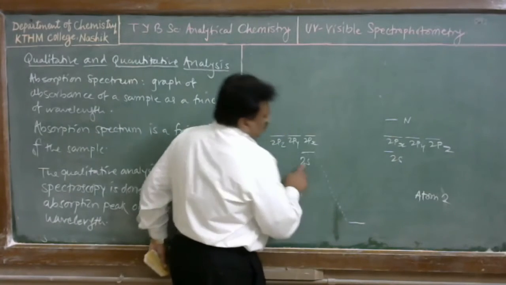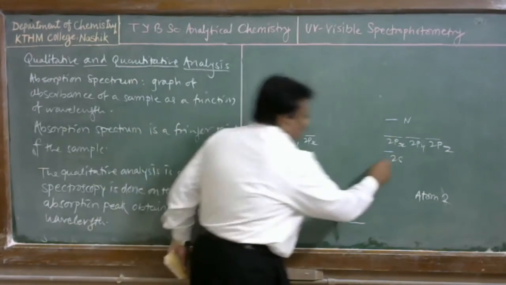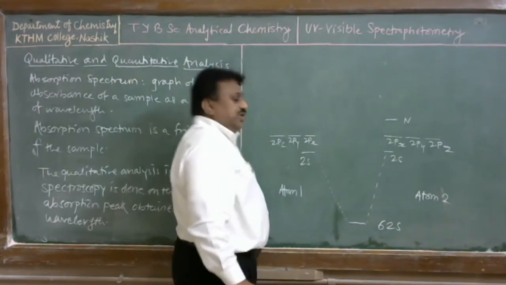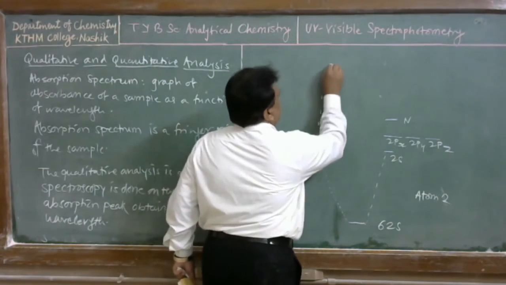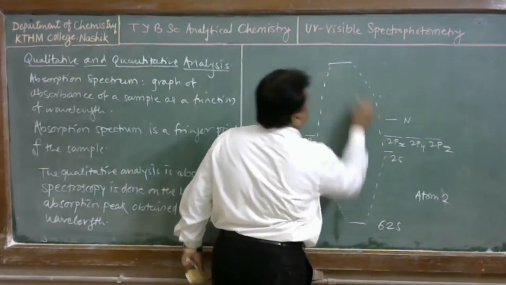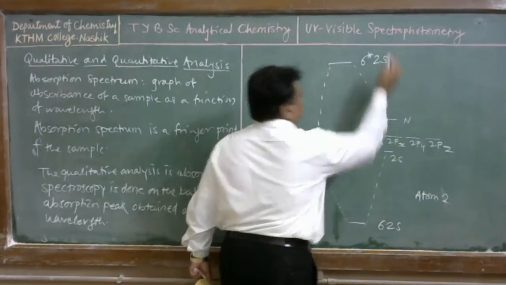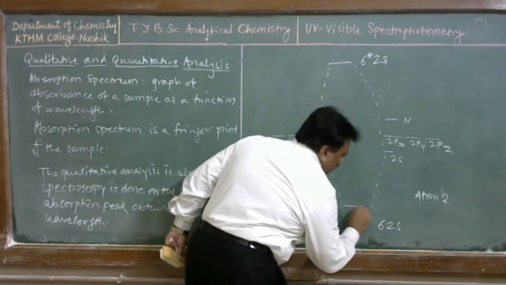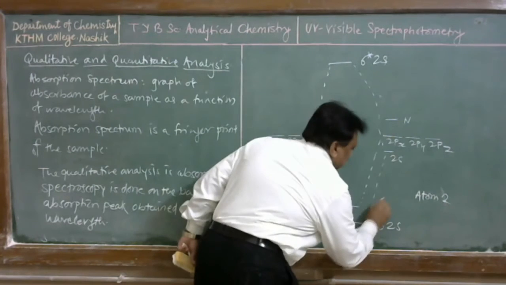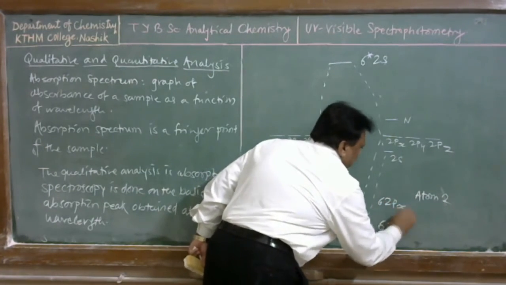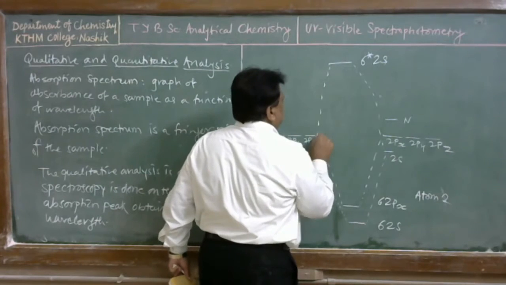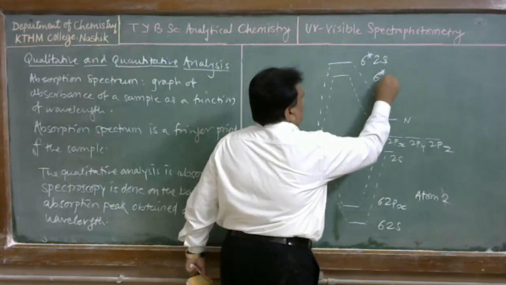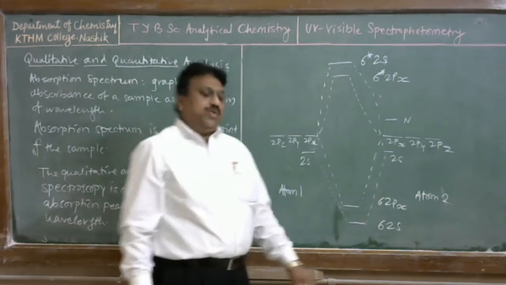In this case, when the 2s orbital of one atom combines with the 2s orbital of another atom, it gives sigma 2s bonding molecular orbital and sigma star 2s anti-bonding molecular orbital. Similarly, 2px gives sigma 2px, the bonding molecular orbital, and sigma star 2px, the anti-bonding molecular orbital.